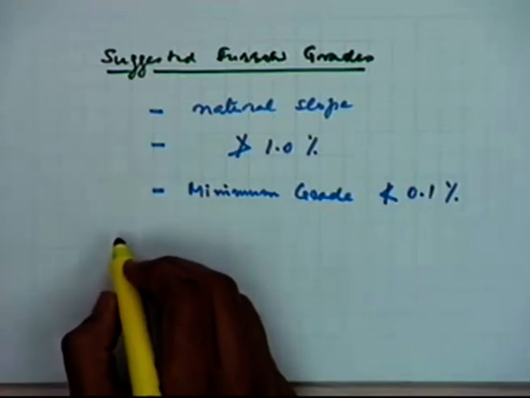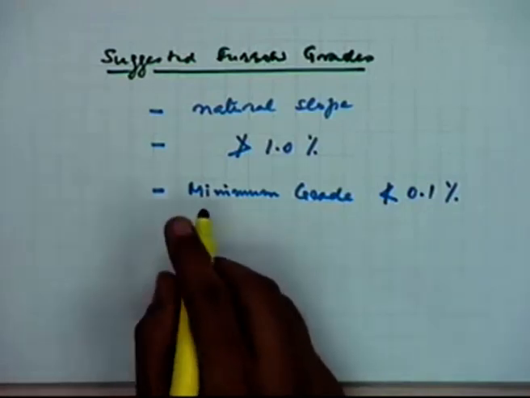Similarly, in the case of changing conditions, as we were discussing during the last class, if you have conditions varying from arid areas to semi-arid areas or to humid areas, you will find that the slopes, the grades, will also be affected by those considerations.